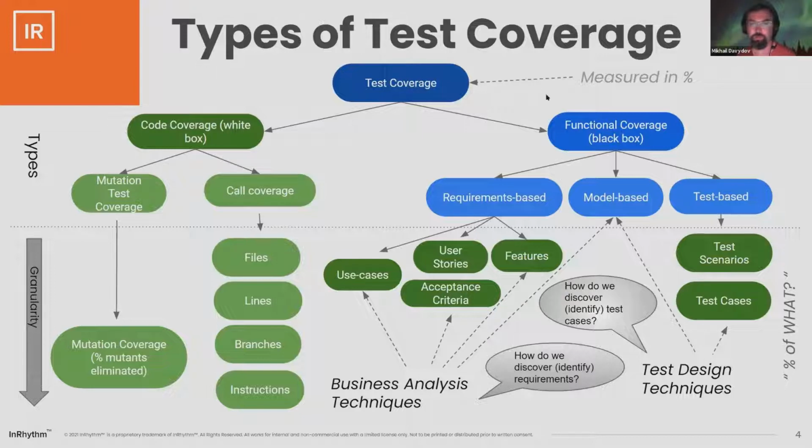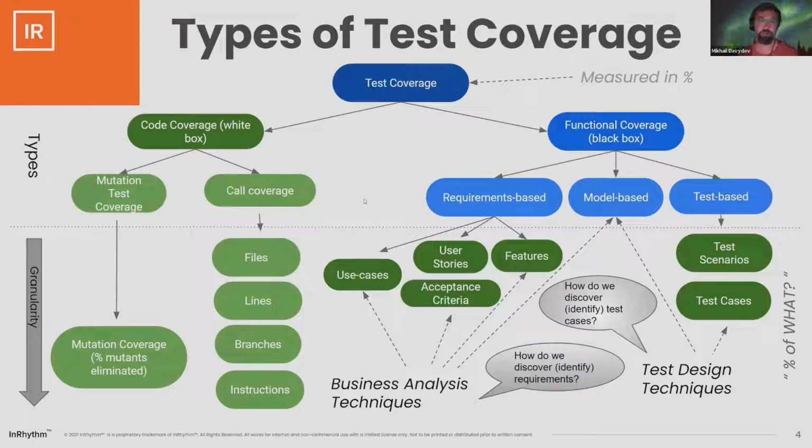It is being used in different senses. So I would say that there are two different types of what people call a test coverage. If you ask the developer what is the test coverage, they are usually talking about the code coverage.